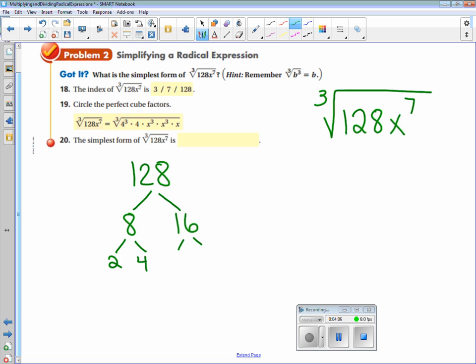Uh-oh, this one's what? 2 and 8. I know, we're going to keep going. Well, 16 is 4 and 4, so you could. I know what you're going to say. You can take a larger one out first. 8 is a perfect cube. You're right. Is that what you were saying?